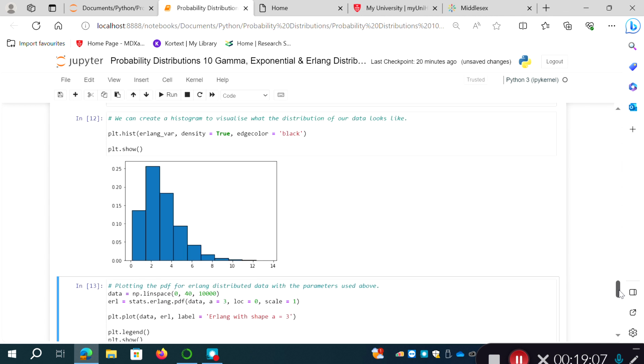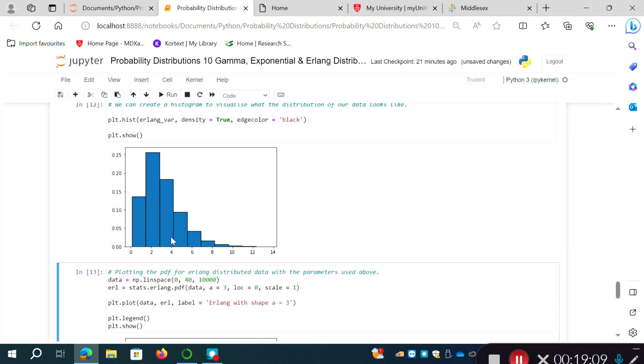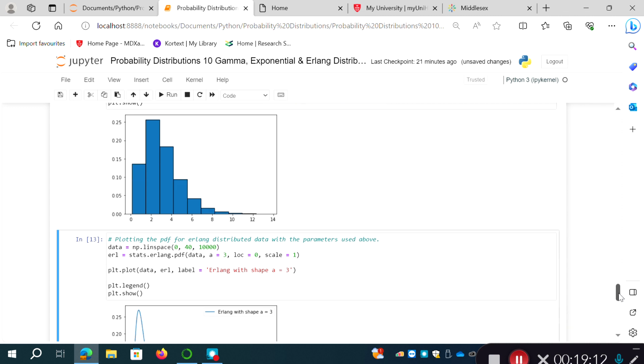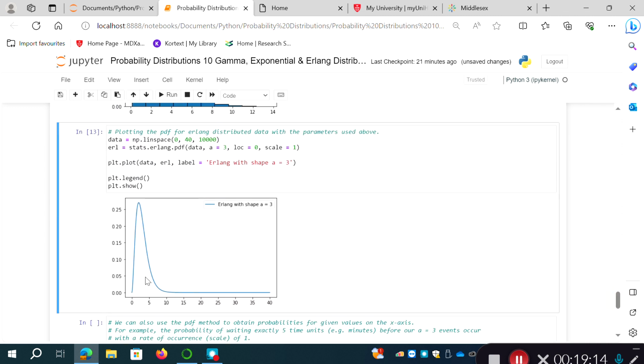The histogram is obviously discretized the values and chosen some sort of bin size for us. Really, it's the PDF that we're more interested in. You're going to get the same shape with a gamma distribution when you have a shape value of 3, essentially.